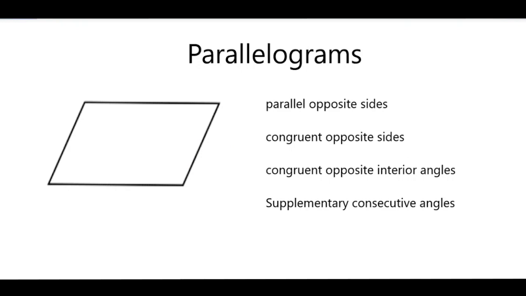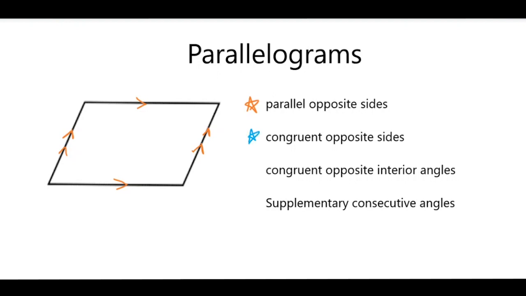So parallelograms have four properties that all parallelograms have. First, as we've said, parallelograms have parallel opposite sides. So our opposite sides are parallel to each other. So if you see these arrows on two sets of lines, you know that they're parallel.